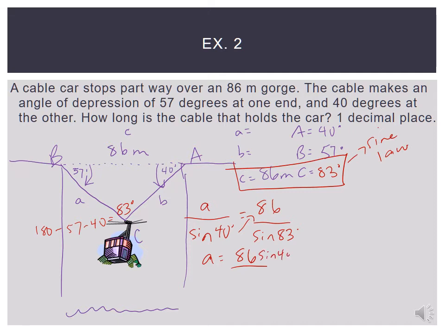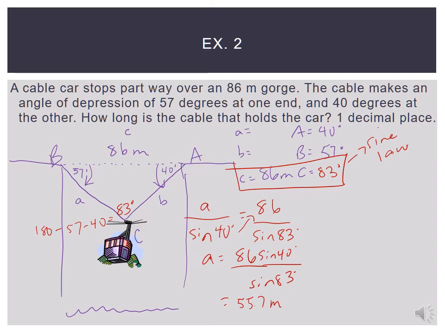A equals 86 sine 40 over sine 83. We want one decimal place. Type that in your calculator just like you see it. So 86 sine 40 divided by sine 83, and hit equals. And we get 55.7.